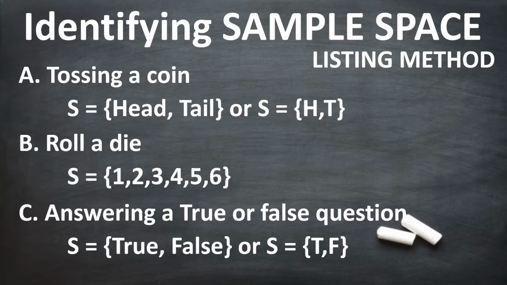So just like in the previous examples, we denote the sample space as the capital letter S, equal sign, and then enclose true and false in a bracket. Or if you want, you can just write S is equal to open bracket, T for true, and then comma, F for false, and then close bracket.